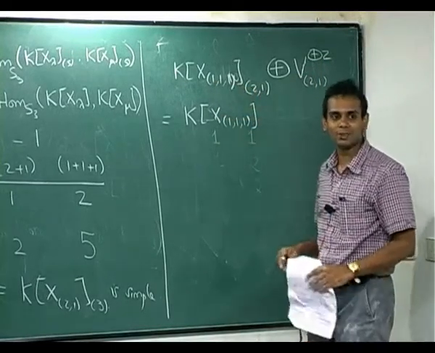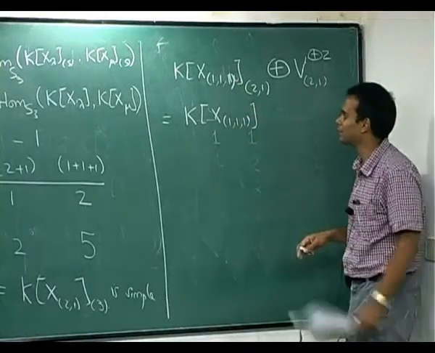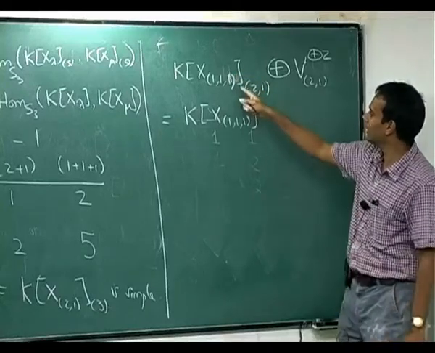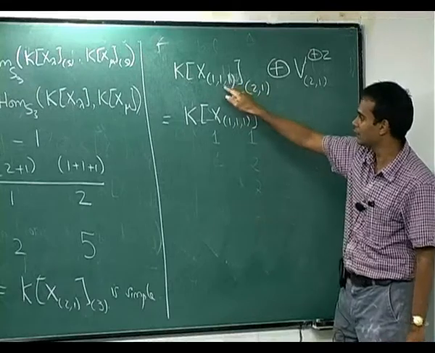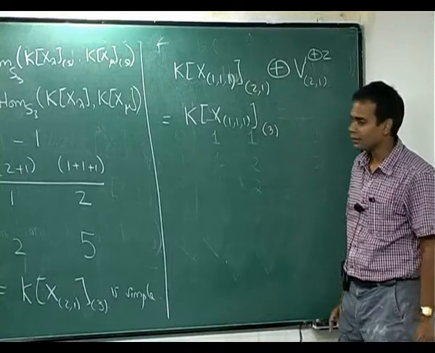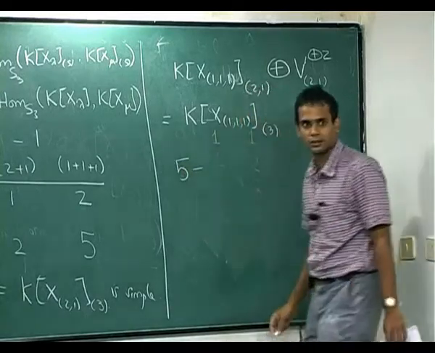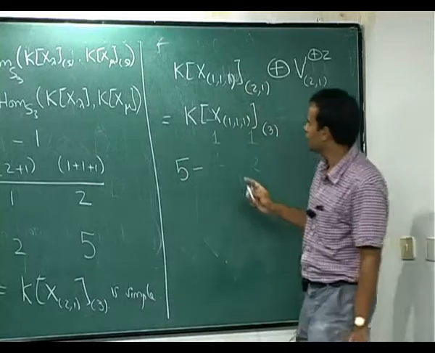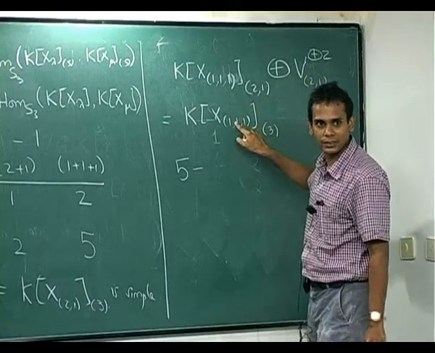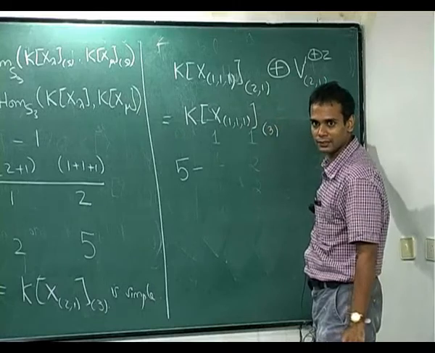Okay, in the completely reducible case, you can almost subtract representations by subtracting the multiplicities. So this is what we get. And now the question is, what is the endomorphism of this guy? Sorry, here I should put a 3. So that is 5 minus what? This guy contributed a 2 to this representation, and that gets multiplied by another 2 because I'm taking the homomorphisms from this to this, right?